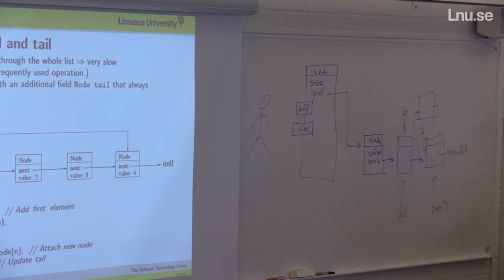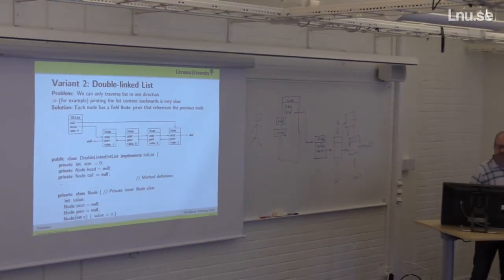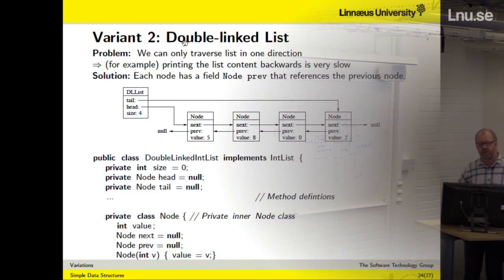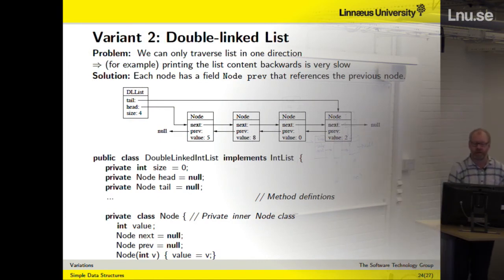So to make it easier to navigate backwards and forwards in the chain, people often use something called a doubly linked list. They are not only keeping track of the tail and the head, but the node also knows about the previous one.